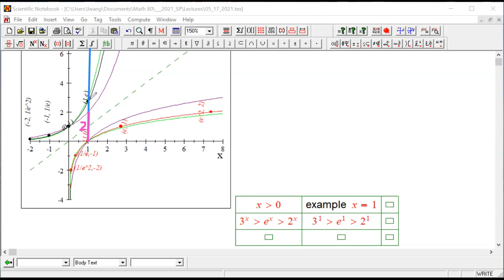Okay, measure from the crossing with the black. Okay, and that is e. You also see the point 1 comma e, right? 1 comma e, that's the same thing. So this black is e.